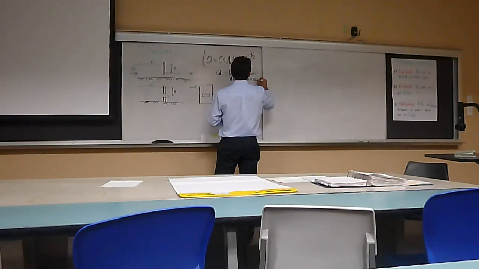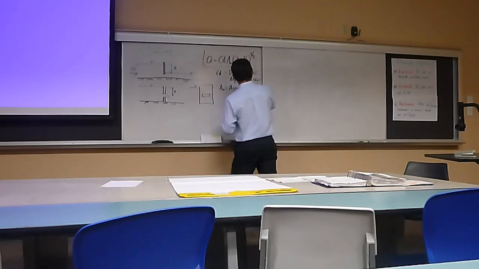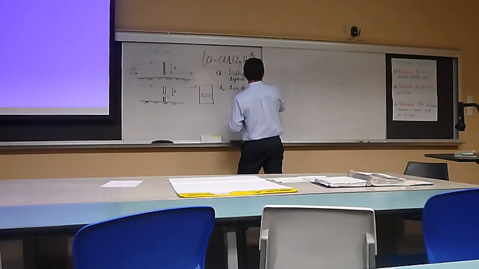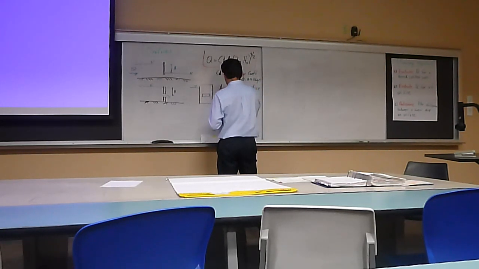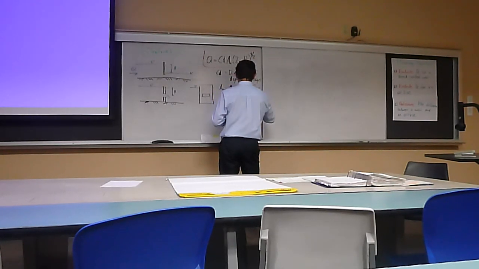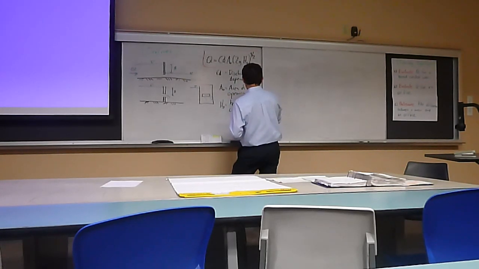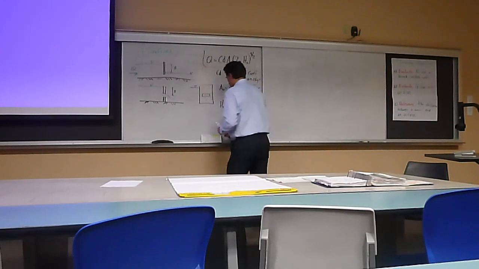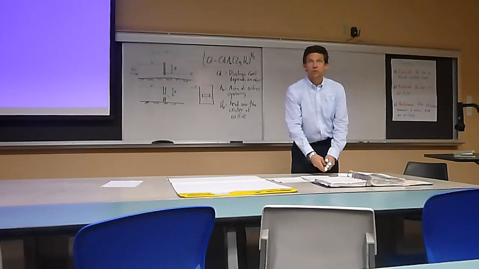Are they rounded? Are they jagged? Etc. A_O is the area of the orifice opening, and H_O is the head over the center of the orifice.